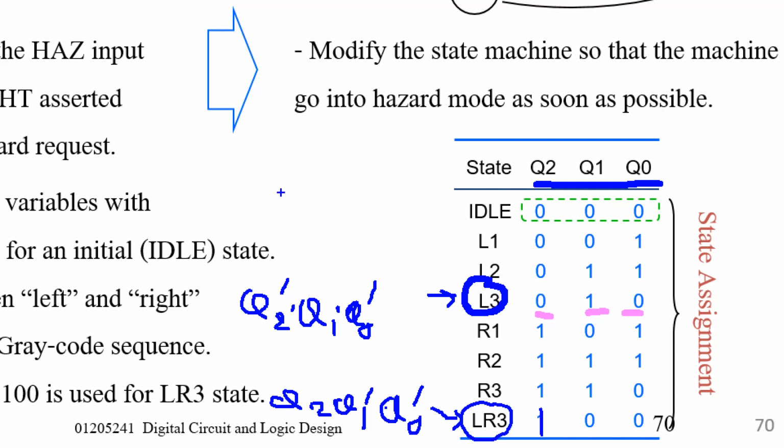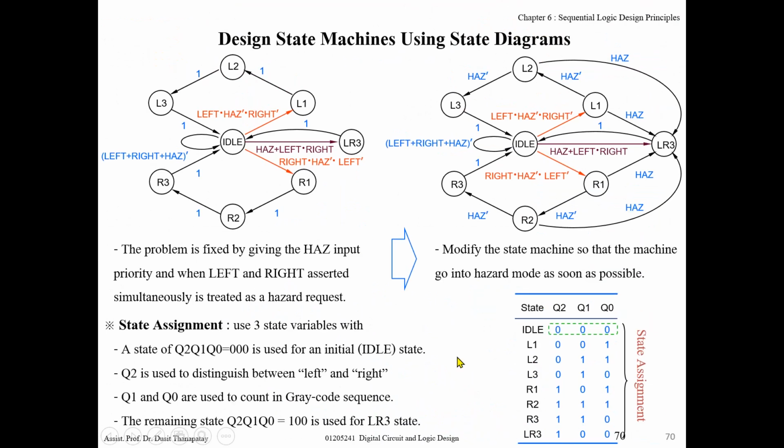So for the output LC, you can write the output equation: LC equals Q2 prime and Q1 and Q0 prime, plus Q2 and Q1 prime and Q0 prime. For the other outputs also, you can write the output equation by using this method.